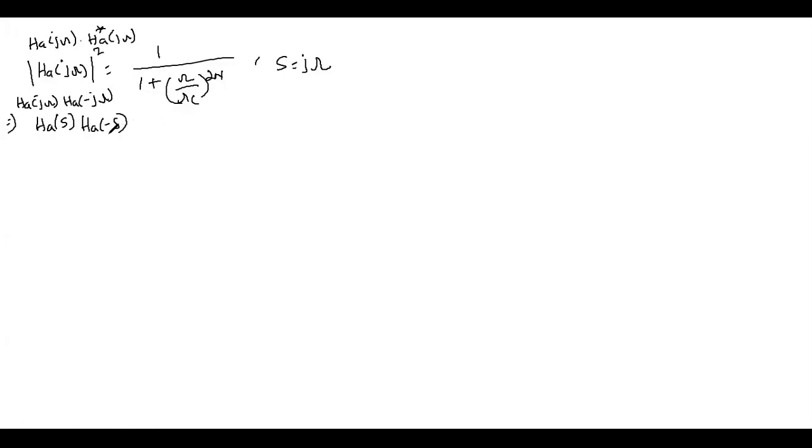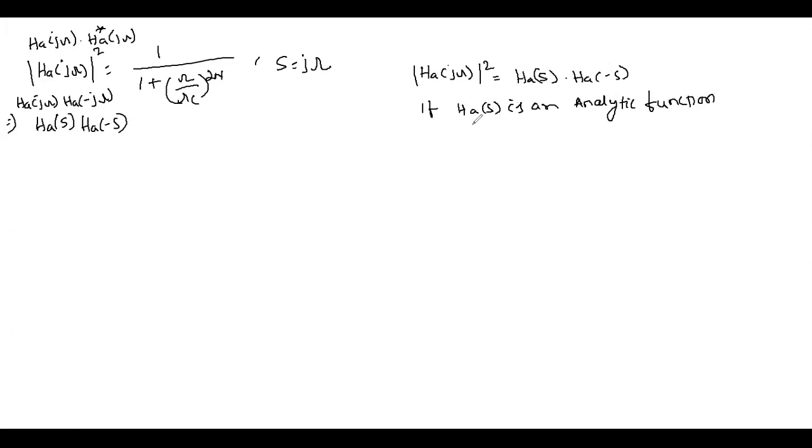The concept is that we can represent the magnitude square of H of j omega as H of s multiplied by H of minus s, if H of s is an analytic function. Analytic function means it is differentiable for all points of s except the singular point.